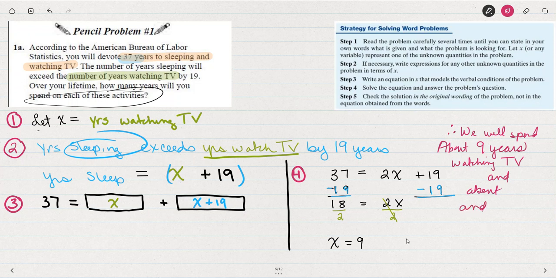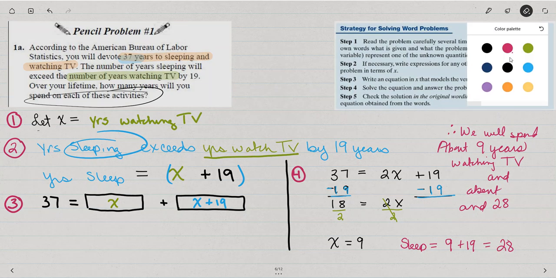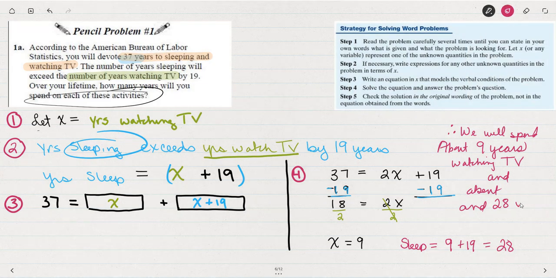Write that down. So 28, oh, not hours. That wouldn't be nearly enough for a lifetime, would it? 28 years sleeping.